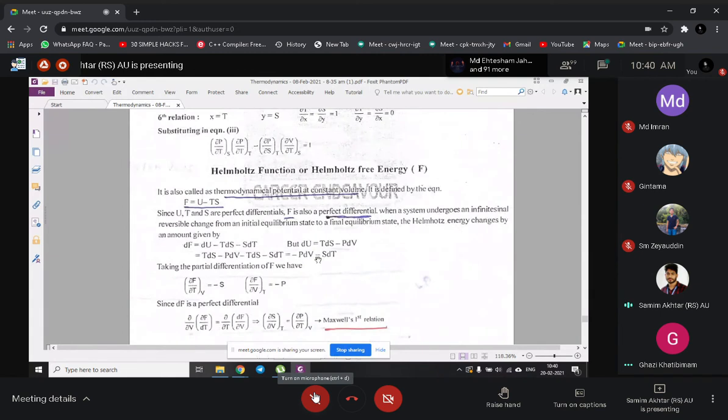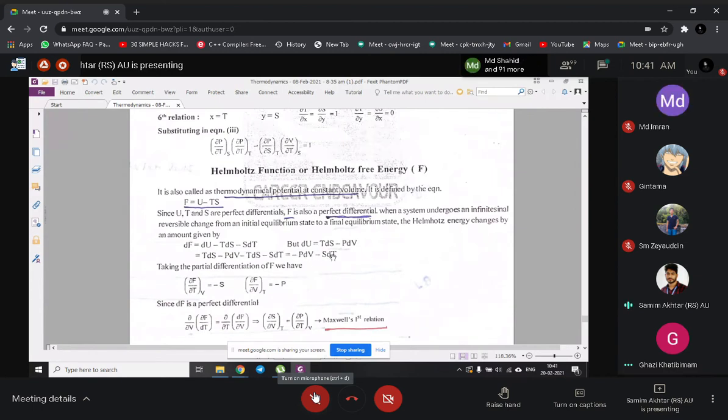Whenever you take the partial derivative, because there is a V and there is a T, if you take the partial derivative with respect to T, then whenever volume is constant, this term goes to zero, right? So del F by del T at constant volume gives us minus S, because dF equals minus PdV minus SdT. So at constant volume, this term goes to zero.